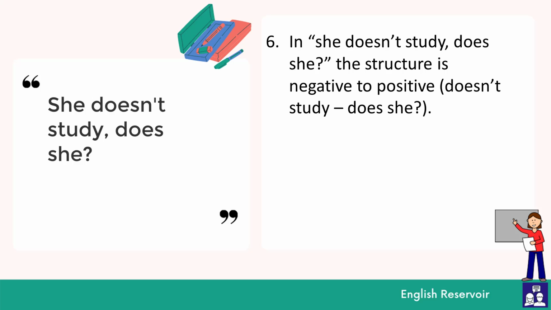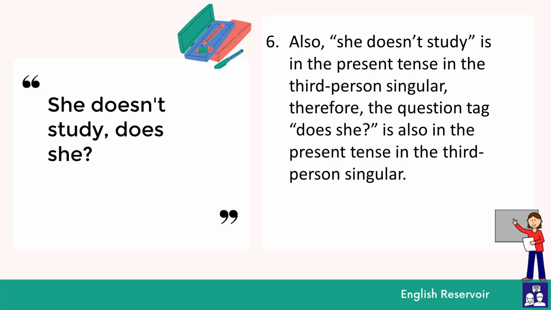She doesn't study, does she? In "she doesn't study, does she?" the structure is negative to positive, doesn't study, does she? Also, she doesn't study is in the present tense in the third person singular, therefore, the question tag, does she, is also in the present tense in the third person singular.